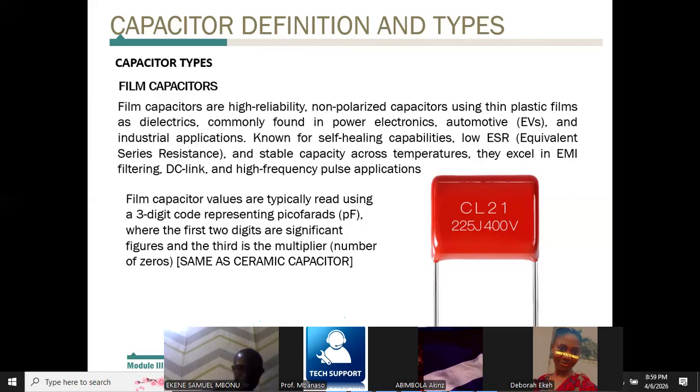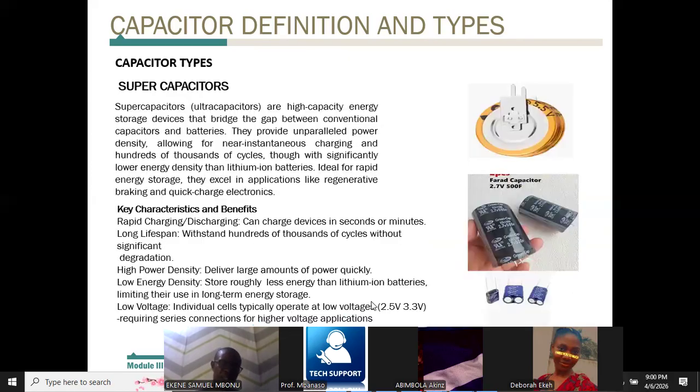How to read this is still the same way we read ceramic. Like this is 222 times 10 to the power 5 picofarad capacitor, 400 volts. There you find out they should represent the tolerance.